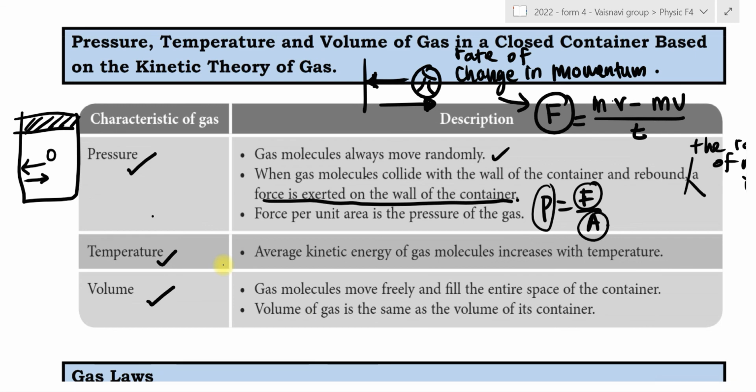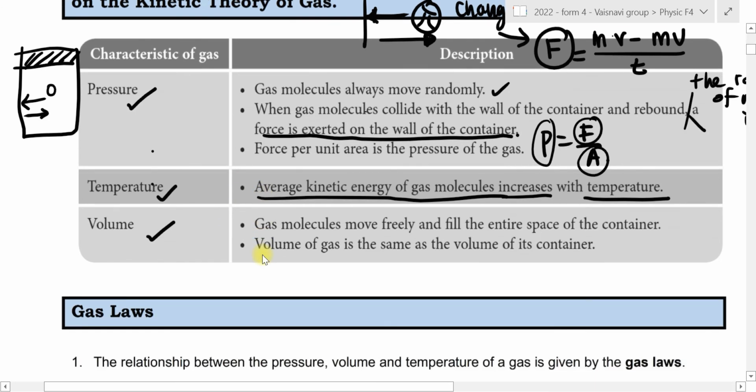Temperature, I have said before, always refers to the average kinetic energy of the particles. If the average kinetic energy of the gas molecules increases, then the temperature also increases. Actually, when the kinetic energy of the gas molecules increases, the temperature on the thermometer will increase.